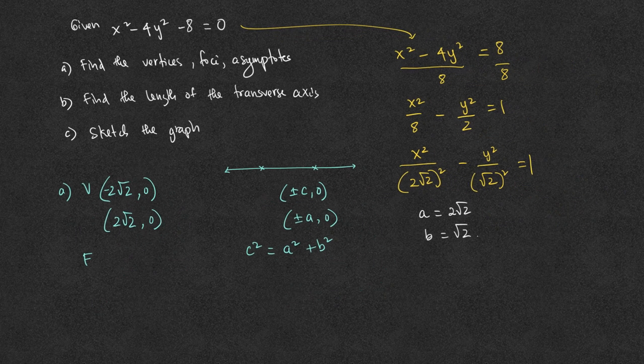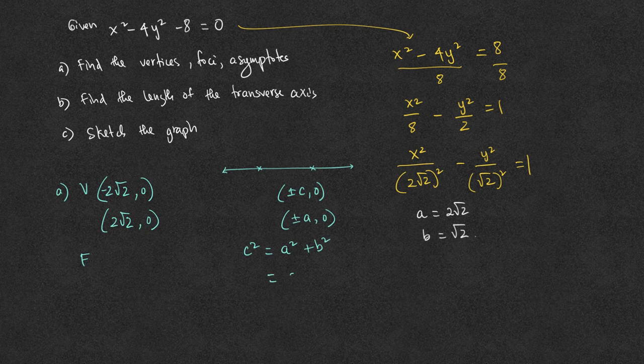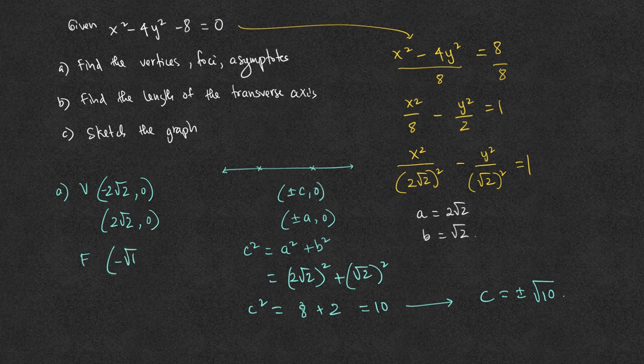Although we already have a squared and b squared, a squared is 8 and b squared is 2. So this is 10, but this is c squared, and so c is plus or minus the square root of 10. So the foci are negative root 10 comma 0 and positive root 10 comma 0.